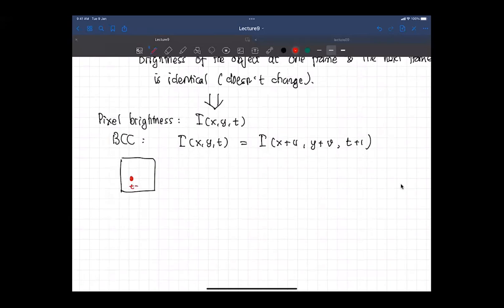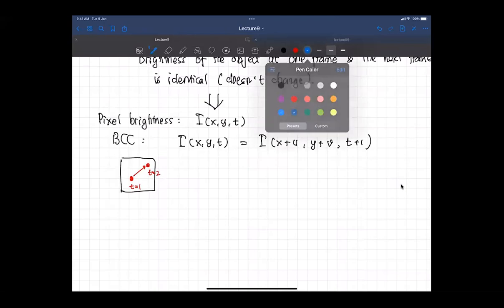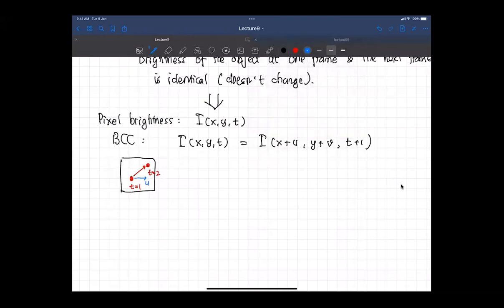This is t equal to 1. And the object moves in frame 2, t equal to 2. And this vector of the red arrow is u and v. Any questions here?